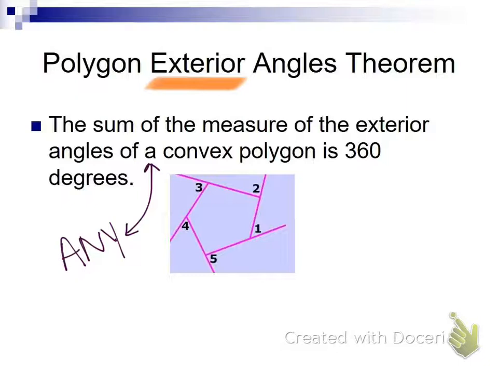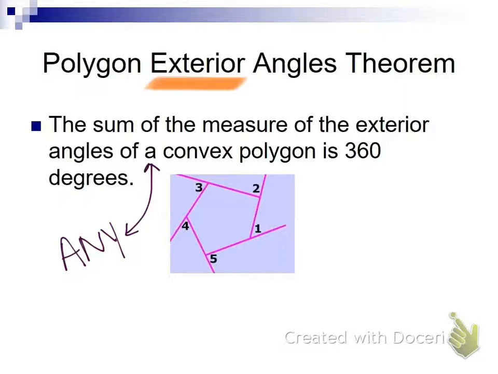This does hinge on the fact that we only make one angle outside at each vertex. Okay, see how they didn't extend the lines in both directions? They only went one way from each vertex. We have questions about this one? Okay.